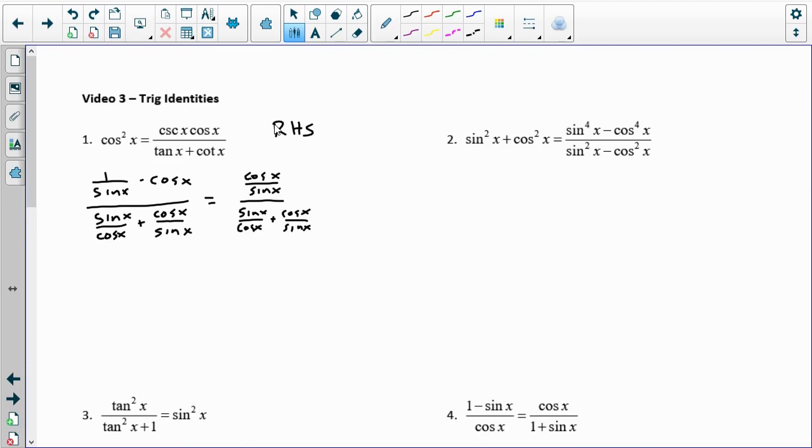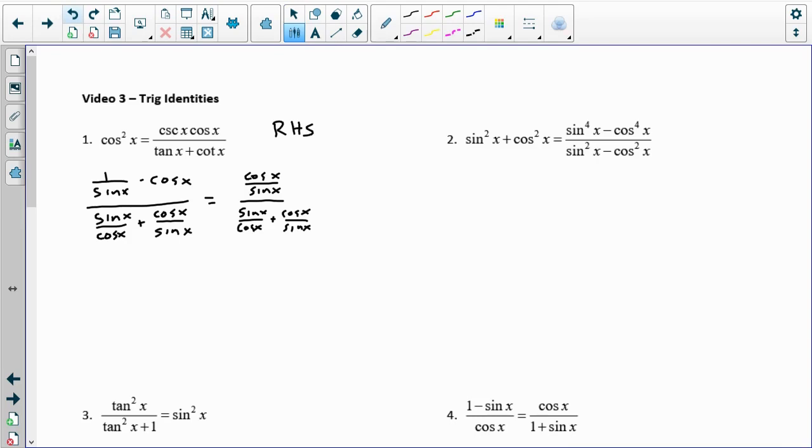So if I get a common denominator of the denominators, that would be sine times cosine. So I'm going to multiply this one by cosine over cosine. I'm going to multiply this one by cosine over cosine. And I'm going to multiply this one by sine over sine. So that's just kind of what's going to happen in the next step that I do.